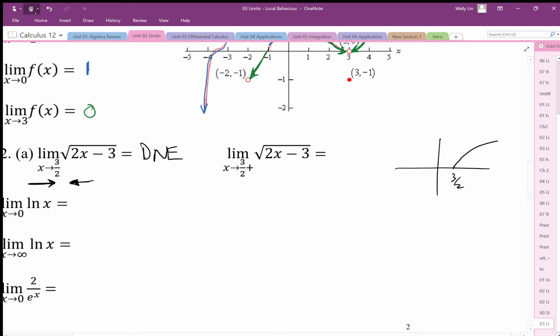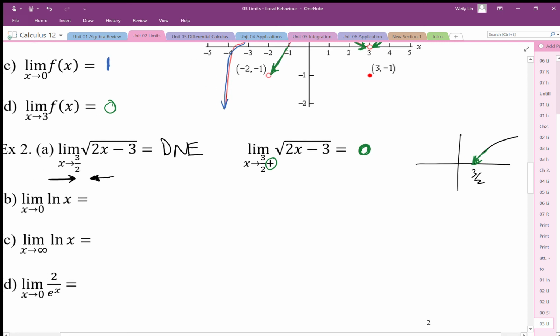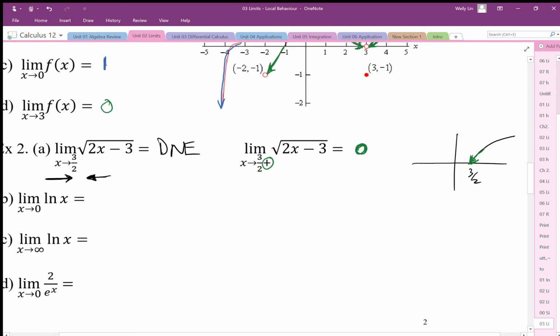However, as a one-sided limit, this does exist, and it's pointing towards y equals 0. So again, this is the issue of one-sided versus two-sided limits. This doesn't exist as a two-sided limit, but it does exist as a one-sided limit.